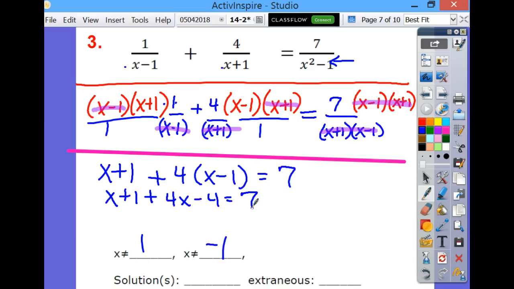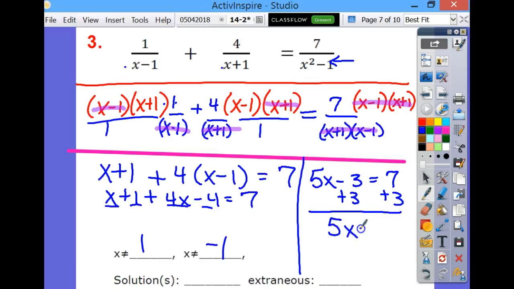Is anything squared? Then we do not have to factor. We have to just combine like terms. And so I'm going to go over here and do that. That would be 5x, and this would be minus 3 equals 7.